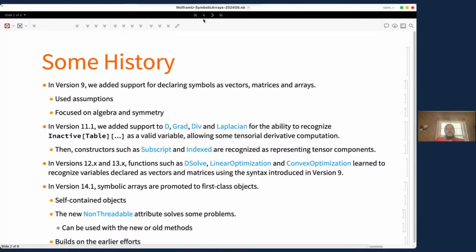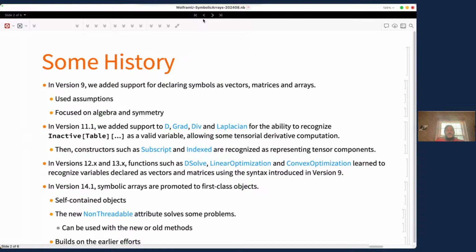This used the assumptions mechanisms and was very focused on algebra and symmetry. In version 11.1, we added support to D, Grad, Div, and Laplacian for the ability to recognize an inactive Table as a valid variable, allowing some tensorial derivative computations to be done. Basically, Subscript and Indexed and certain related things were recognized as representing tensor components.